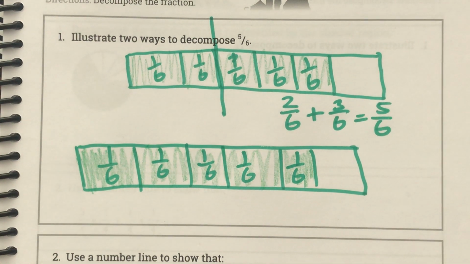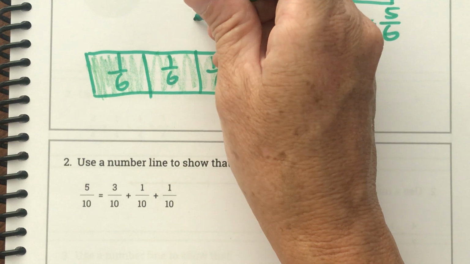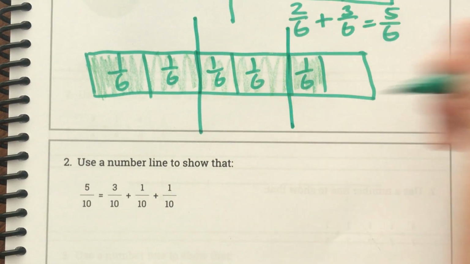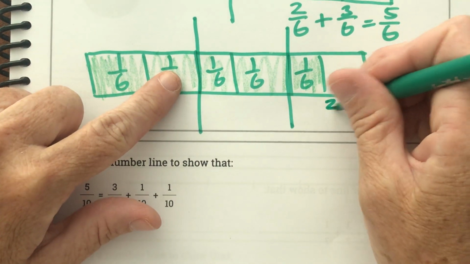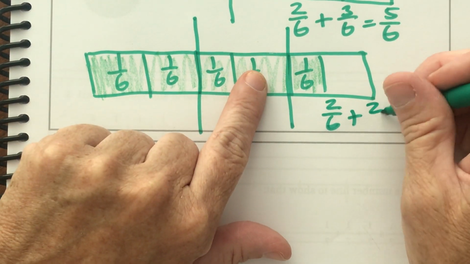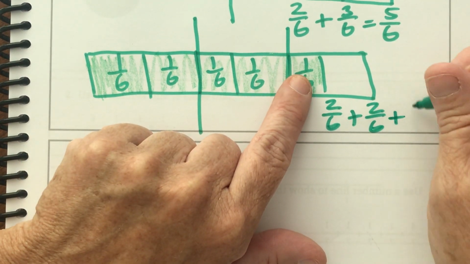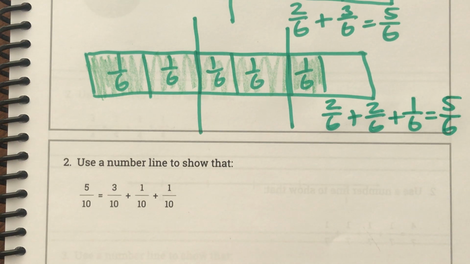And maybe let's break this one up or decompose it into 3 parts. So let's do maybe here and there. So what do we have? We have over here 2/6, plus here we have 2/6, plus here we only have 1/6. And that equals 5/6 total.